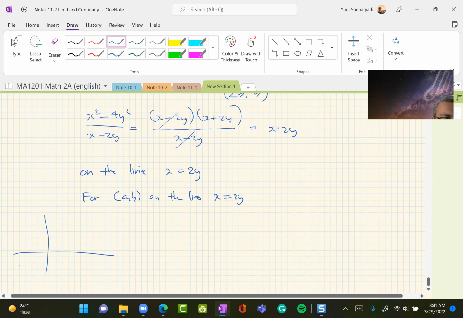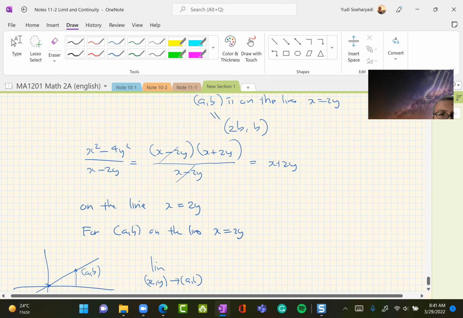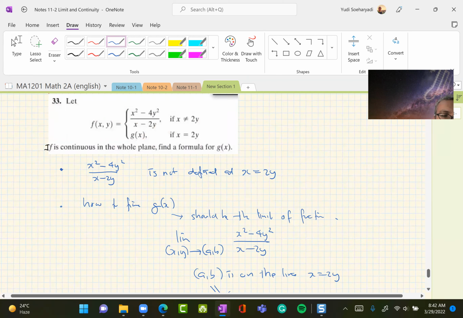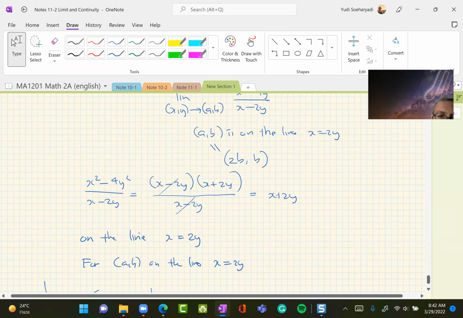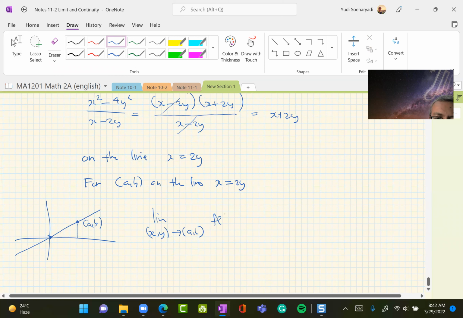It's 1/2. Okay, this is our (a, b). So this limit. This is our f.